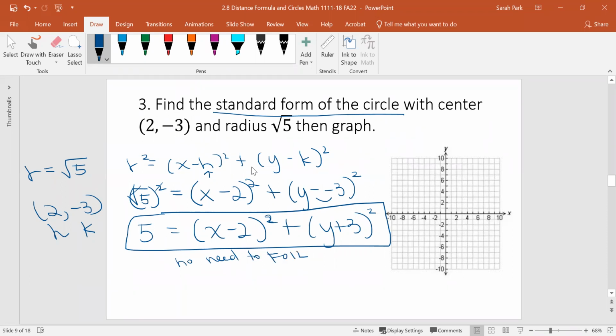And so here, if we graph the center at 2, -3, here's the center, and square root of 5, the radius, if we calculate that in the calculator, that's about 2.4 units. And so I'm going to go up 2, a little bit over between 2 and 3, and then to the right about 2.4 units.